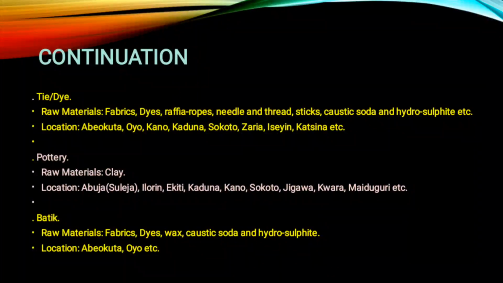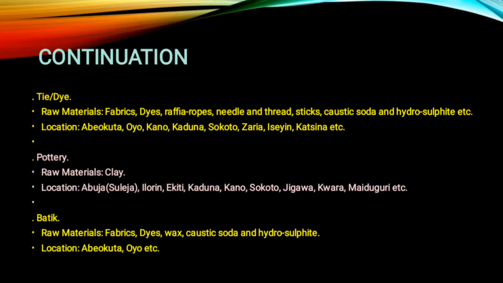The last but not the least on my slide is batik, which shares almost the same thing with tie and dye. The only difference is the wax. In batik, you wax your fabrics, while in tie and dye, you must tie the fabrics to give you your design.